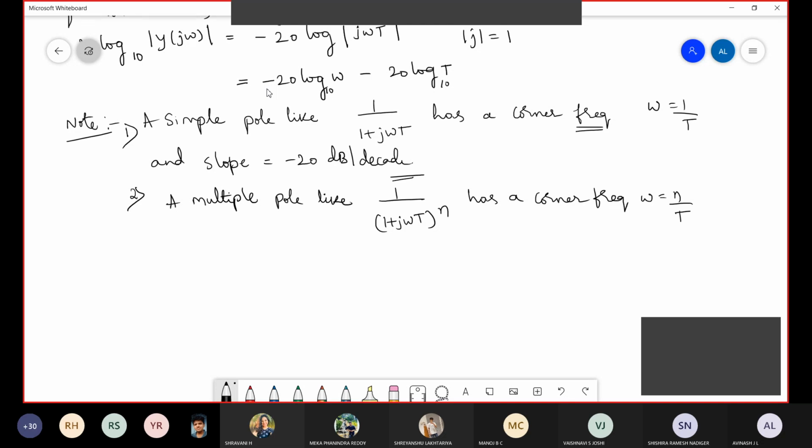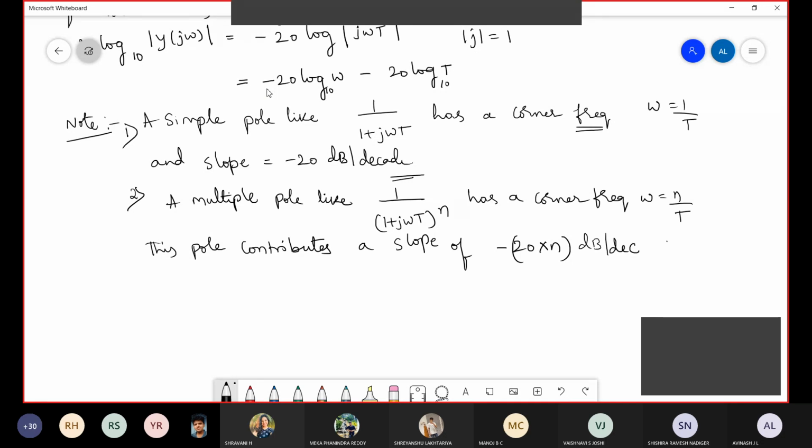And this pole contributes a slope of minus 20 into n. So to the power of 2 is minus 20 into 2, which is minus 40 dB. To the power of 3 is minus 20 into 3, which is minus 60 dB per decade. So like that, 20 into n dB per decade.